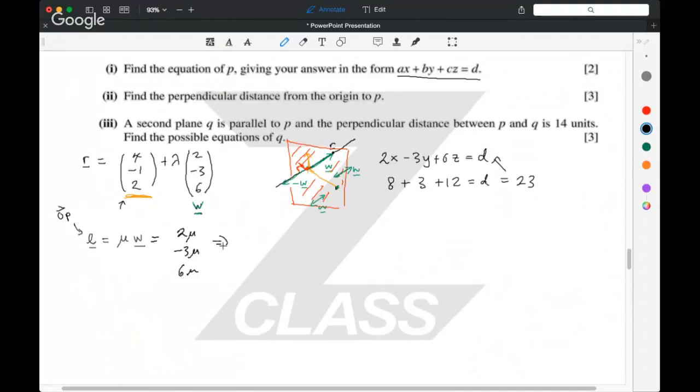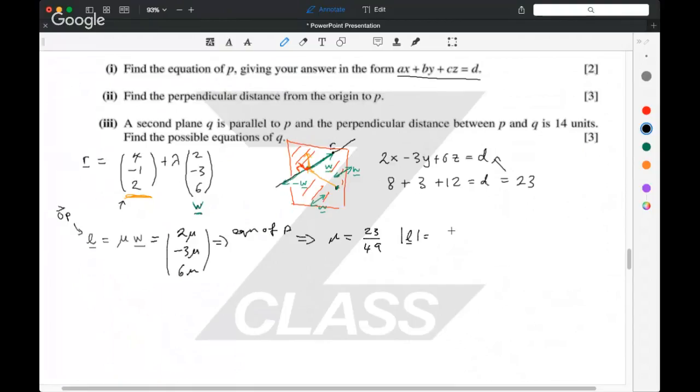And I plug that into the equation of P. I just plug it all in and I solve it, and I will get that mu must be equal to 23 over 49. So the directionality was given by W, and this tells me how much I need to stretch it to reach just between the origin and the plane. I hope that's clear.